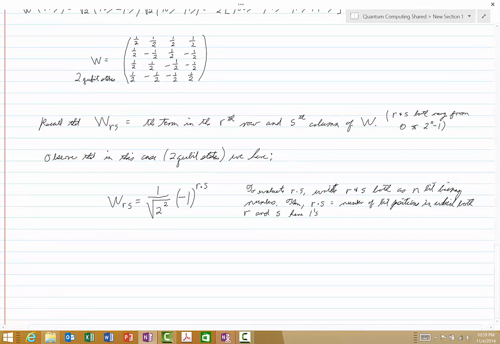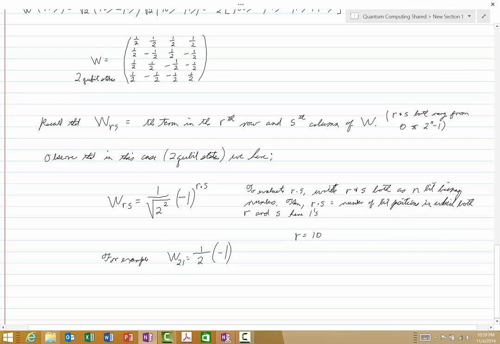So again, if we were looking at this term right here, this is the 2-1 term. So we'll say, for example, W21 is equal to 1 over the square root of 2 squared, which is 2, and now we have minus 1 to the power R dot S, so we want to figure out R dot S. R is equal to 2, and we need to write 2 as a 2-bit binary number, and of course that's easy.